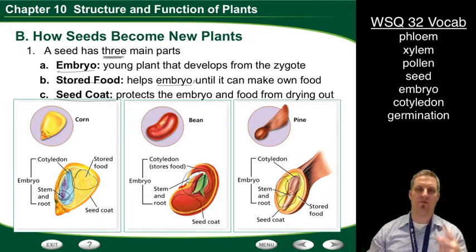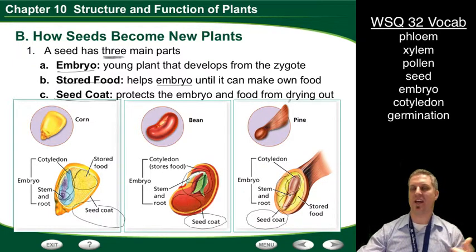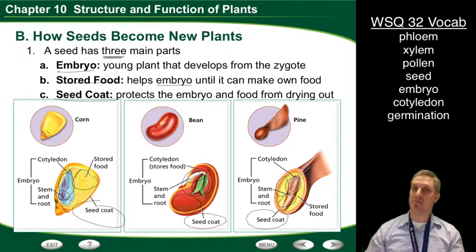So there's the embryo, there's the stored food, and the last thing that you'll see is what's called the seed coat. You notice we have a seed coat on each of these. The seed coat is designed to protect the embryo and food from drying out. Basically, a lot of times seeds fall in the winter, or are planted later in the fall, and they may actually be dormant for a while.